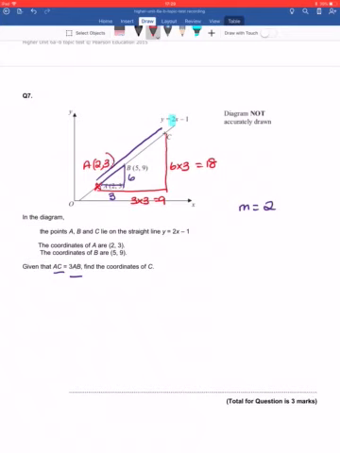So where will it be now? My x started at 2 and has gone on to 9, so it's now going to be 11. And my y started at 3, it's gone up 18, so that's now going to be 21. So C is 11, 21.